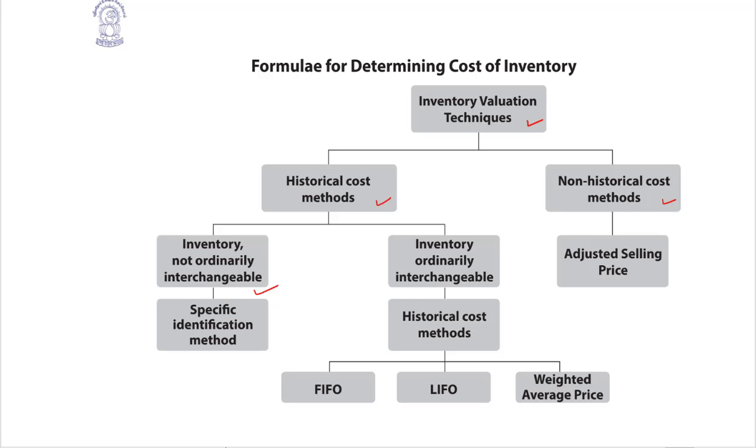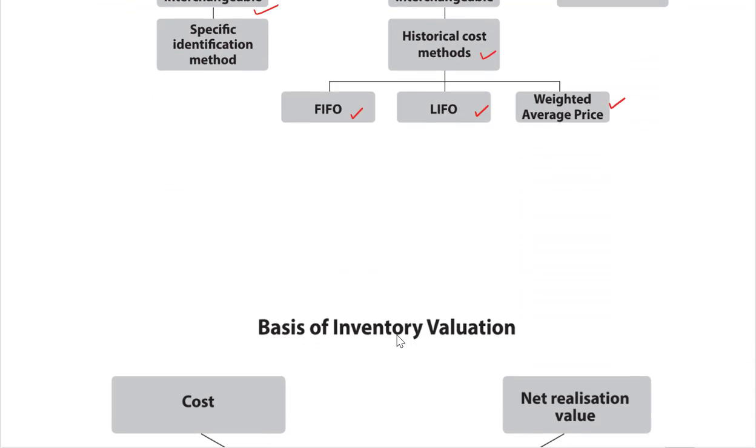Inventory ordinarily interchangeable: we have historical cost method, which is divided into first in, first out, last in, first out, weighted average price, and non-historical cost method, adjusted selling price. I believe you understood till here.